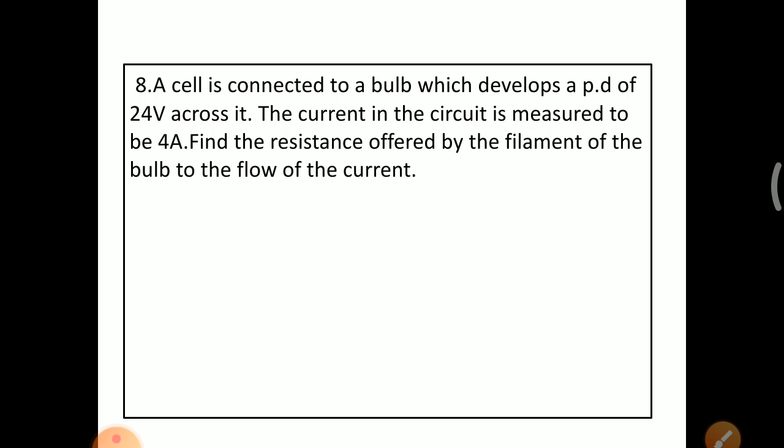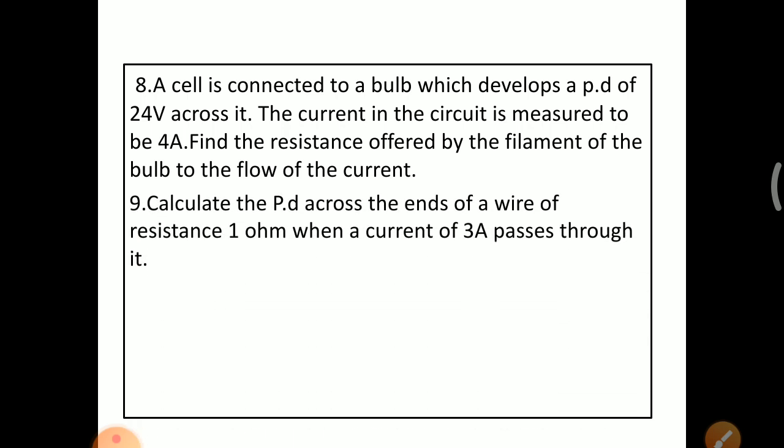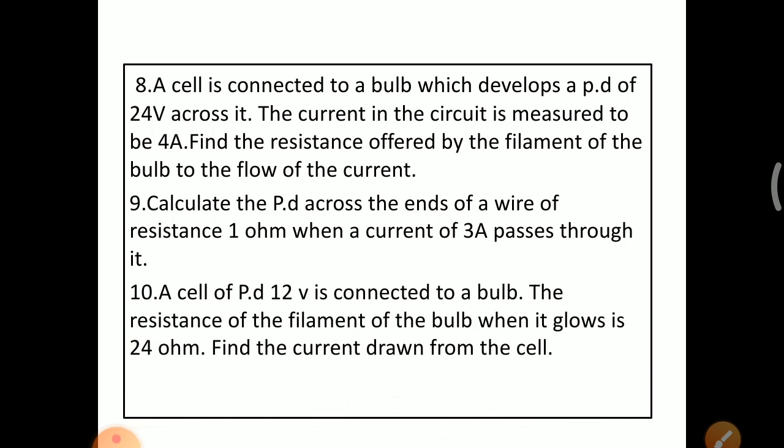You have to use the Ohm's law formula. Calculate the potential difference across the ends of a wire of resistance 1 ohm when a current of 3 ampere passes through it. The 10th question, a cell of potential difference 12 volt is connected to a bulb. The resistance of the filament of the bulb when it glows is 24 ohm. Find the current drawn from the cell.